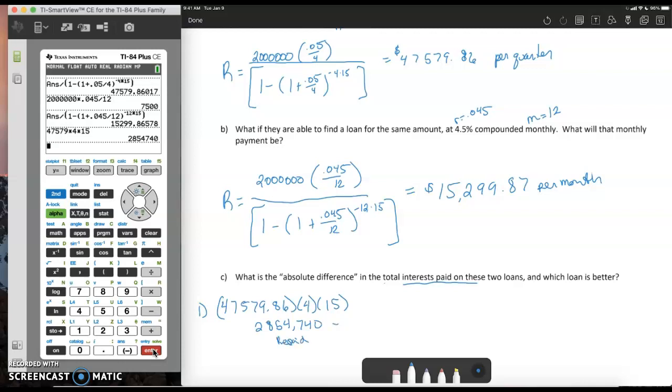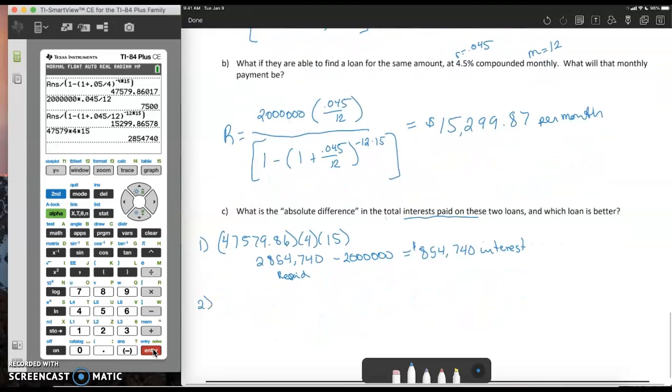But remember, they only loaned $2 million. So if we subtract that off, this is a pretty easy subtraction. It looks like what was interest was $854,740. That is a lot of interest.